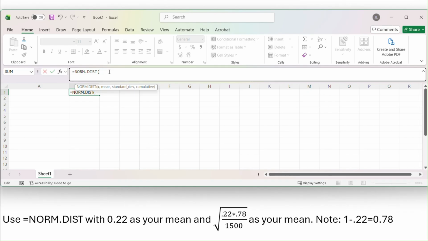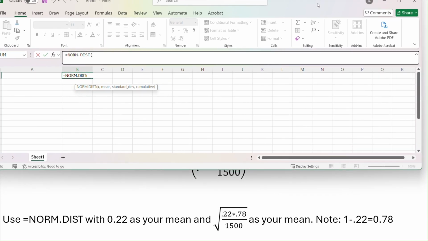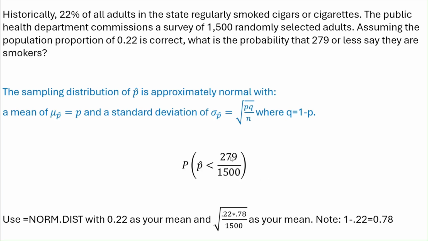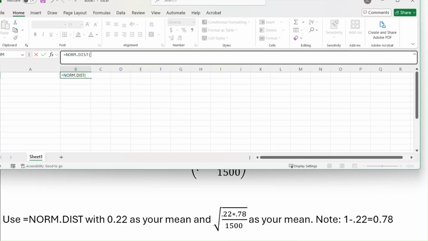But since they don't give it to me here, in other words, we're trying to find the probability that the proportion is going to be less than 279 divided by 1,500, I actually have to put in 279 divided by 1,500. Okay, that's my x value.